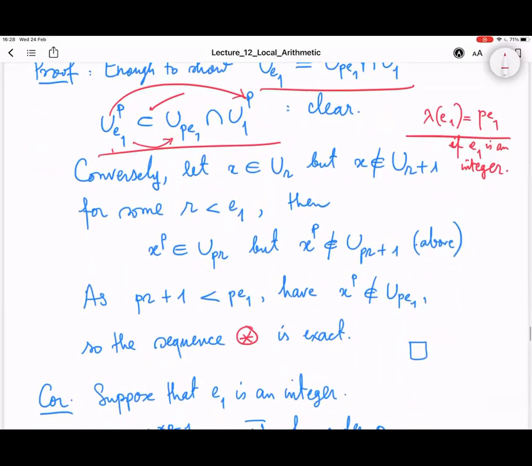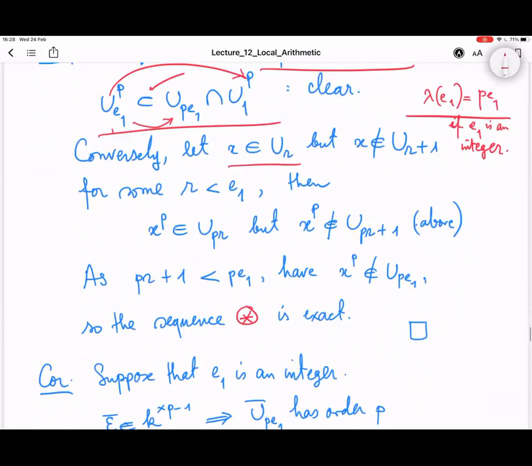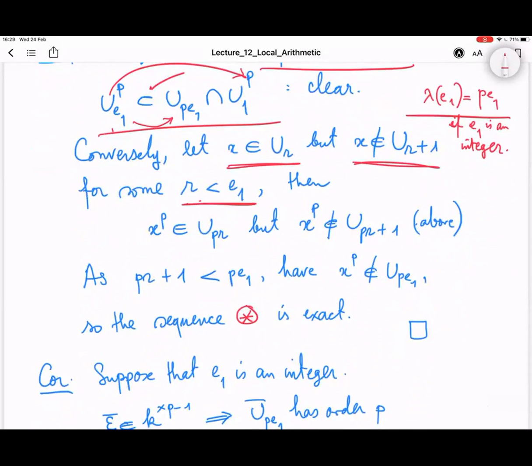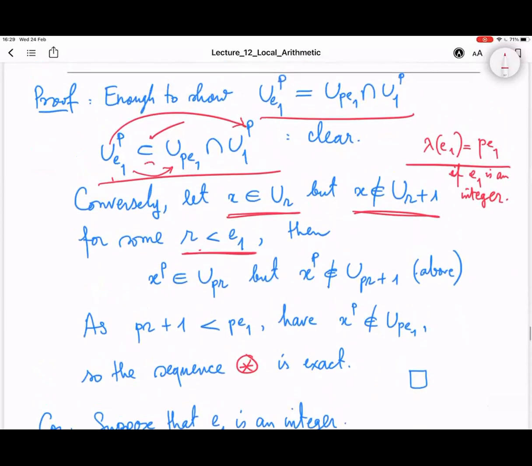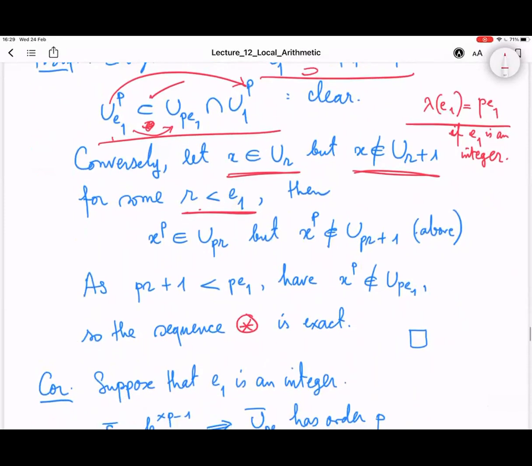Anyway, so this inclusion is clear. Conversely, let's take x in U_r, which is not in U_{r+1}, for some r strictly less than e_1. So I'm now trying to prove the inclusion in the other sense.